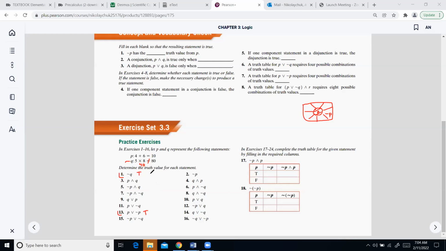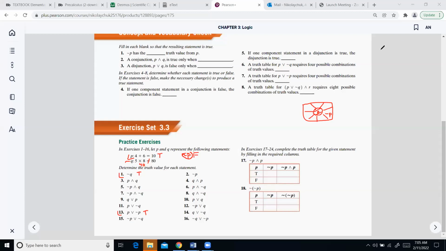So if somebody says P is this one, that is a true statement, right? Not P will be false because you reject truth, so you get the false.